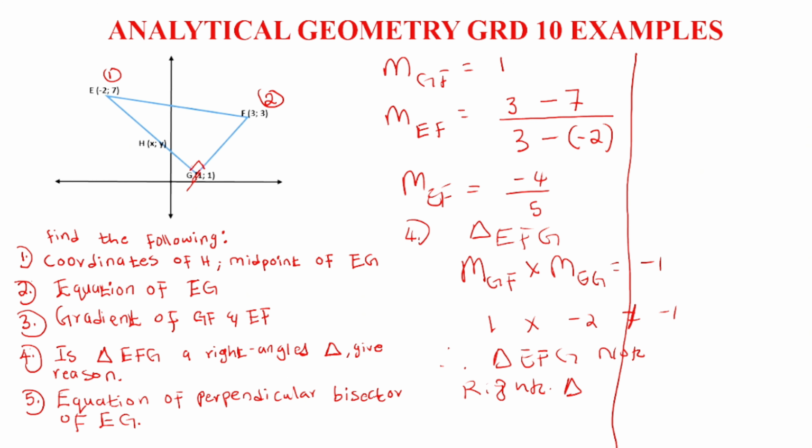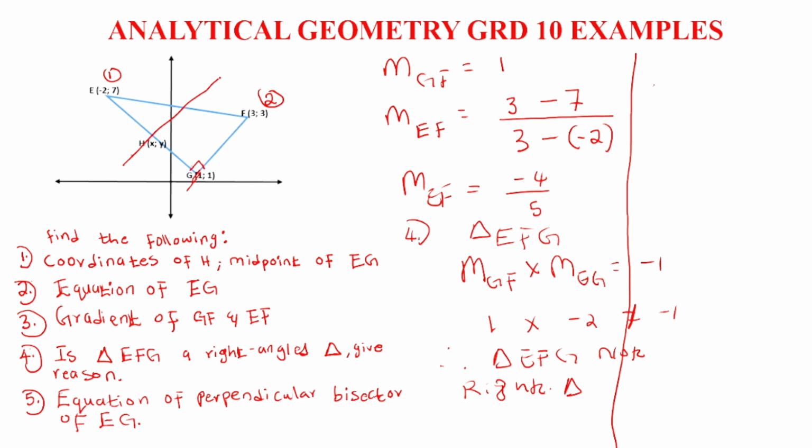Number 5 is saying we need to find the equation of a perpendicular bisector of EG. Okay, so we already know the gradient of EG. The gradient of EG is -2. So we need to find the equation that is going to pass through H, a perpendicular bisector.